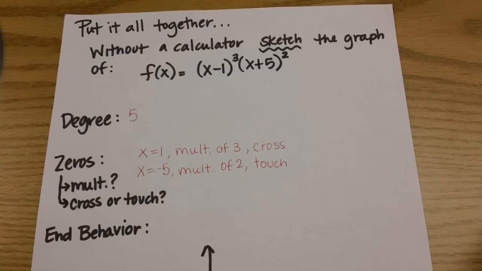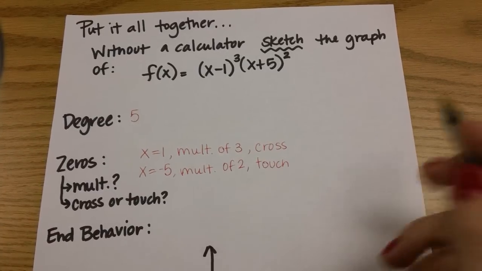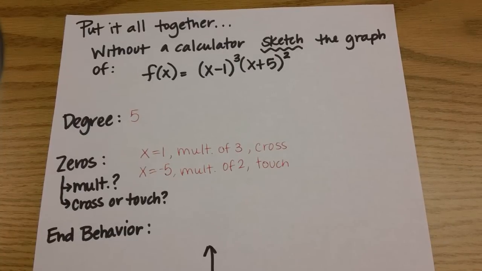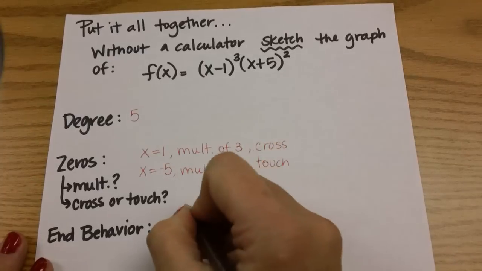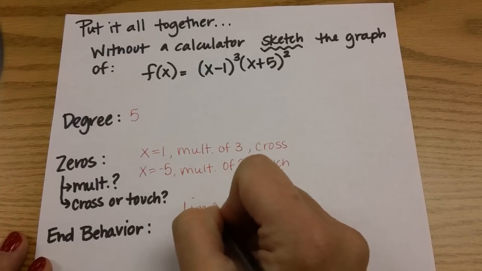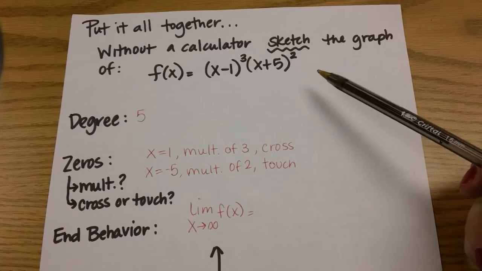All right, let's talk about the end behavior for a second. Because our degree is 5, which is an odd number, our end behaviors are going to be opposite of each other. The first one we need to find is the limit as x approaches infinity of our function. So we look at our leading coefficient.